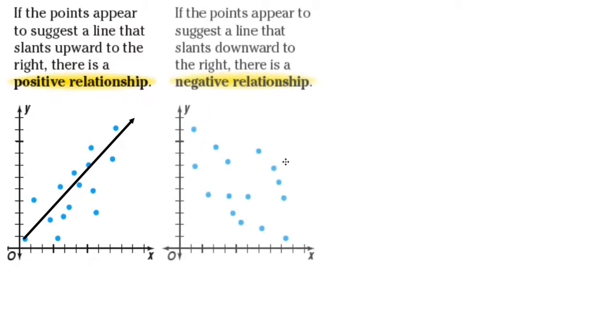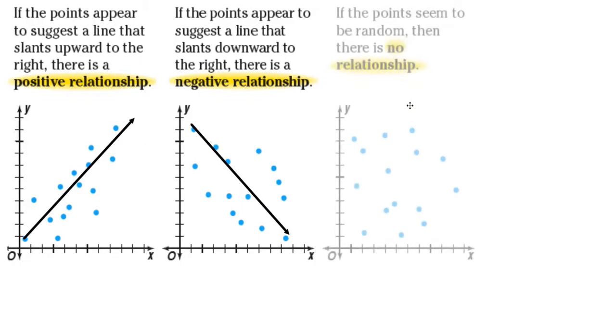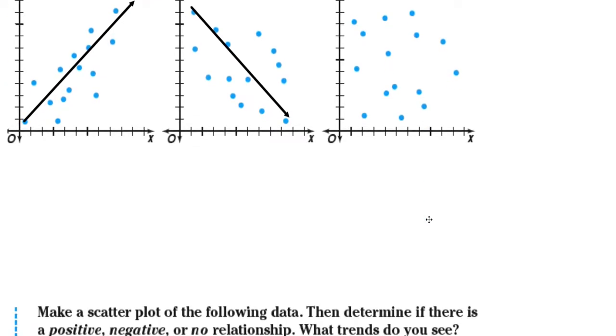If the points appear to suggest that the line slants downward, there is a negative relationship, something like this. So if you notice, it slants downward, the dots are collectively bunching so that it looks like it's slanting downward. And the last part, if the points seem to be random, then there is no relationship in this cluster of data here. You don't really know if it's going up or going down. So in this cluster of data, there is no relationship.